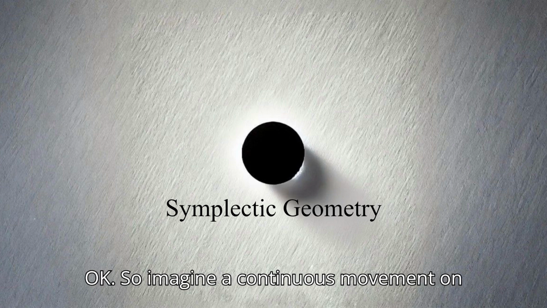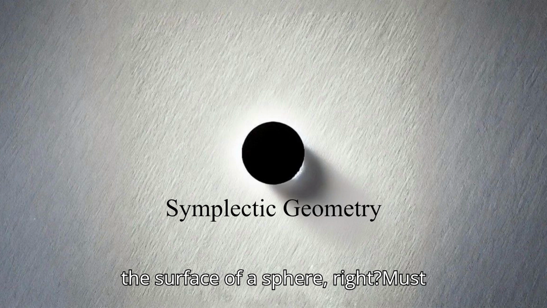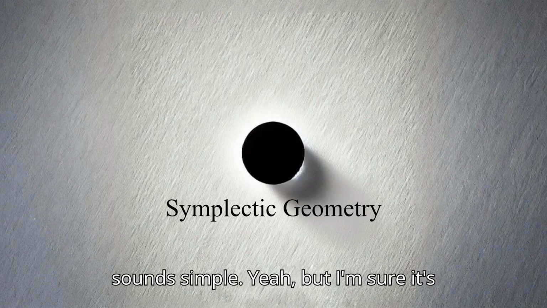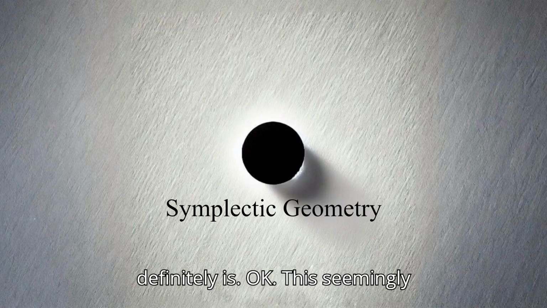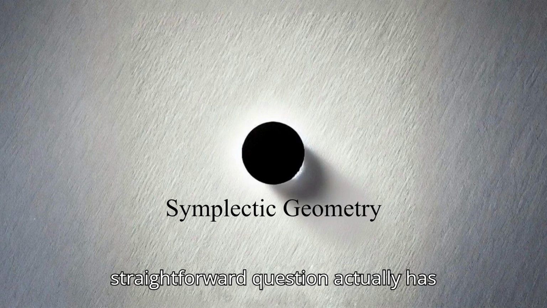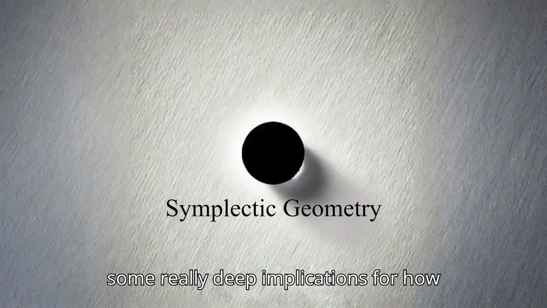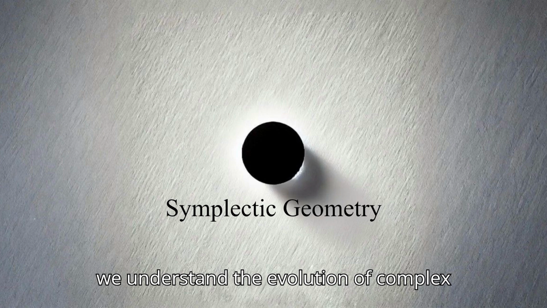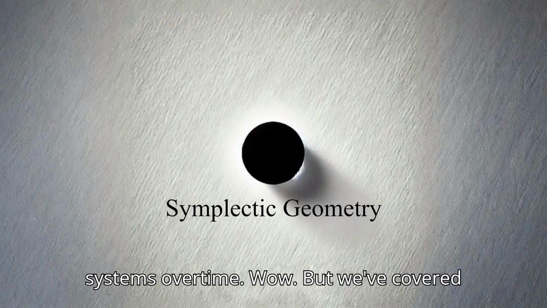So imagine a continuous movement on the surface of a sphere. It sounds simple, but I'm sure it's more complicated than that. Oh, it definitely is. This seemingly straightforward question actually has some really deep implications for how we understand the evolution of complex systems over time.